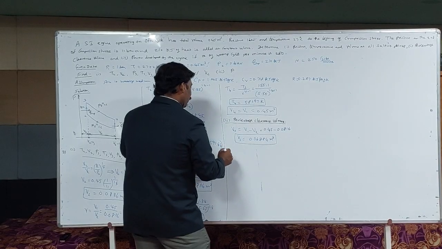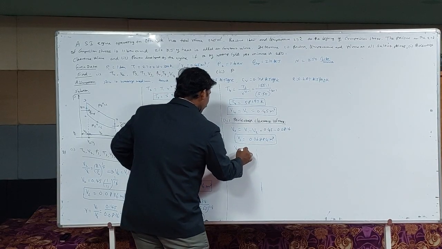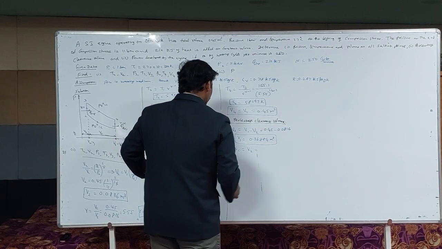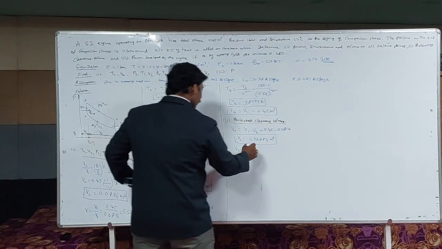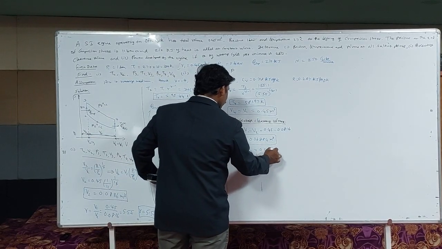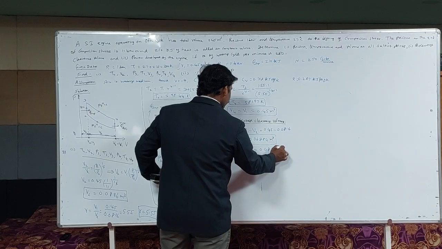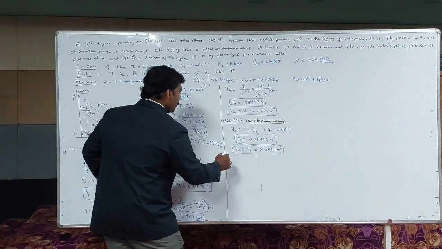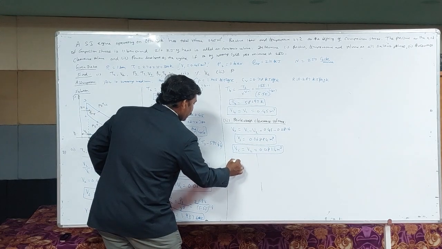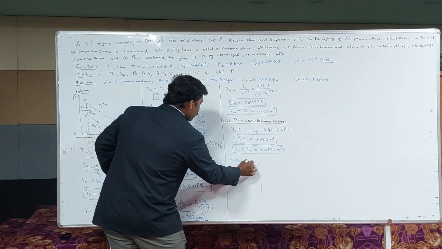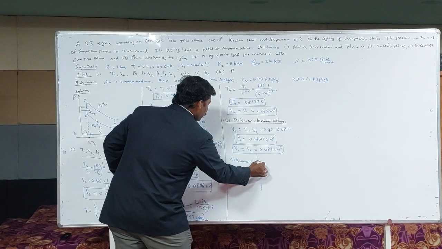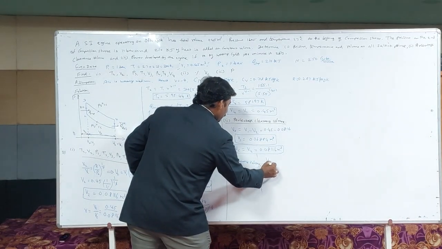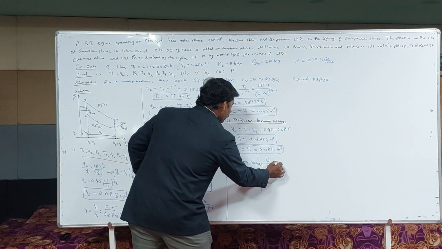And then we have to find out what is clearance volume. Clearance volume, that is equal to V2, that is equal to 0.08116 meter cube. So we have to find what is the percentage clearance volume. Percentage clearance volume is equal to Vc by Vs into 100.